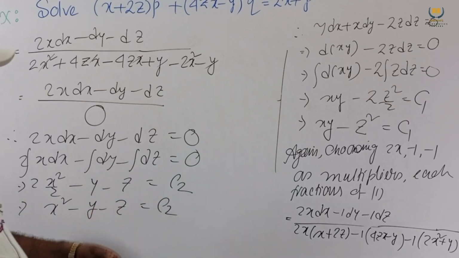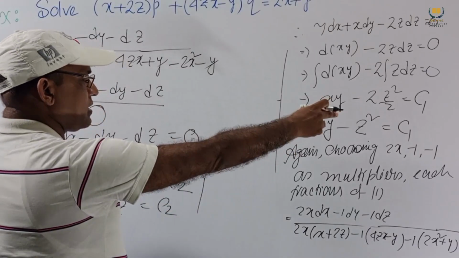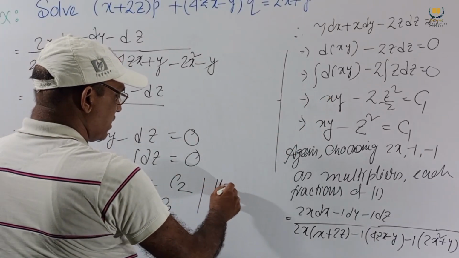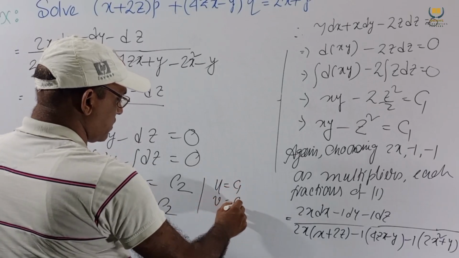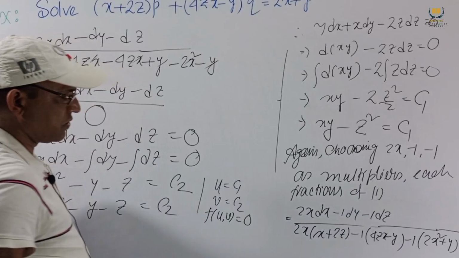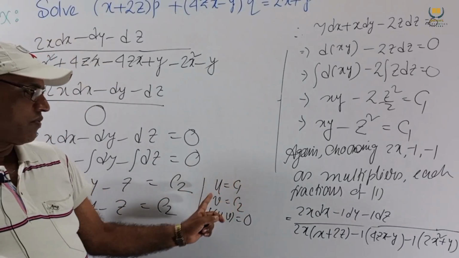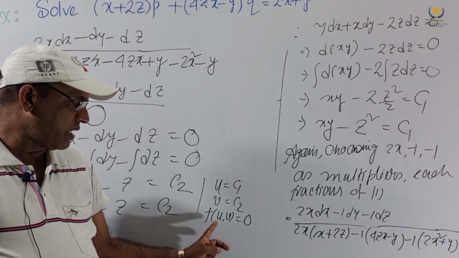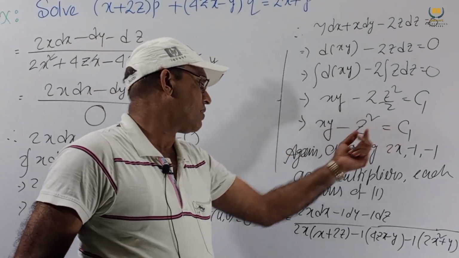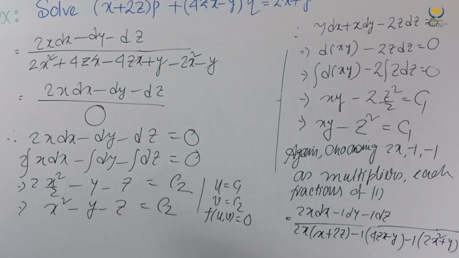So we get two solutions. First one this, and this one second. Again I recall, if the solutions are u equal to c1, v equal to c2, then the required solution is f of u, v equal to 0. So this is u equal to c1 and v equal to c2.